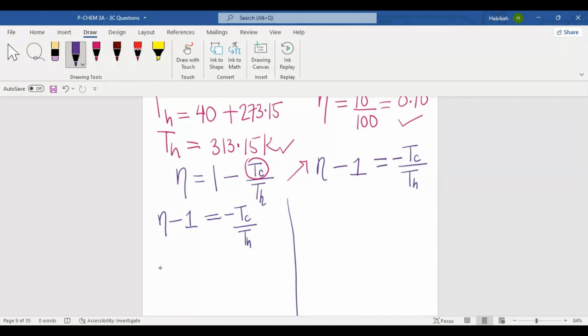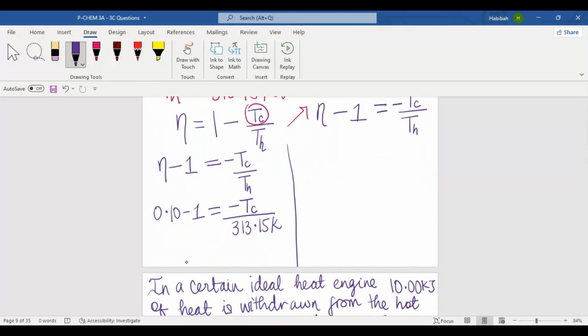The efficiency will be 0.10 minus 1, equal to negative TC, since it's the temperature of the cold sink, divided by 313.15 kelvins. So 0.10 minus 1 is the same thing as negative 0.90 equals negative TC divided by 313.15 kelvins.